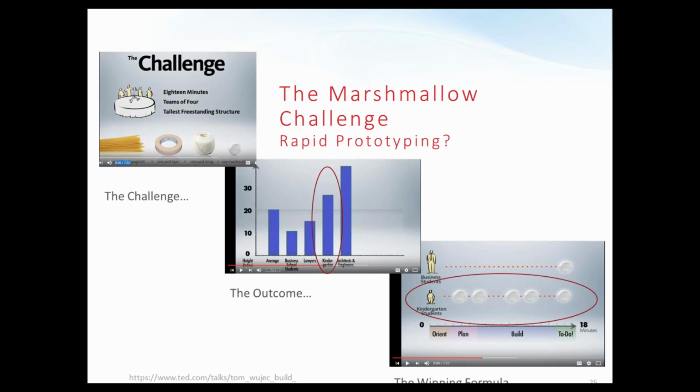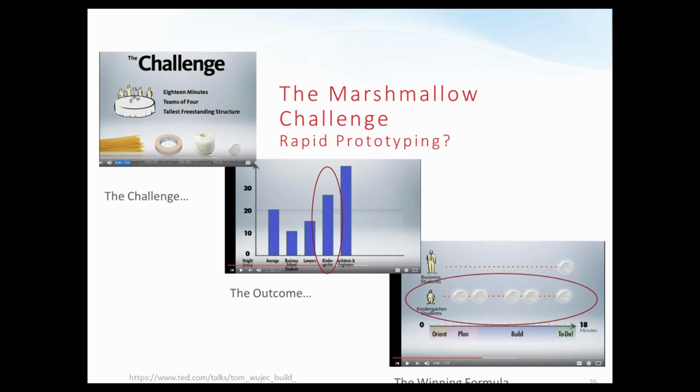And so what happened was at least surprising to me, maybe surprising to others, is that of the different groups that performed well, obviously the architects and engineers, that would maybe be expected, but the group that did second best was kindergartners, and that was really surprising.